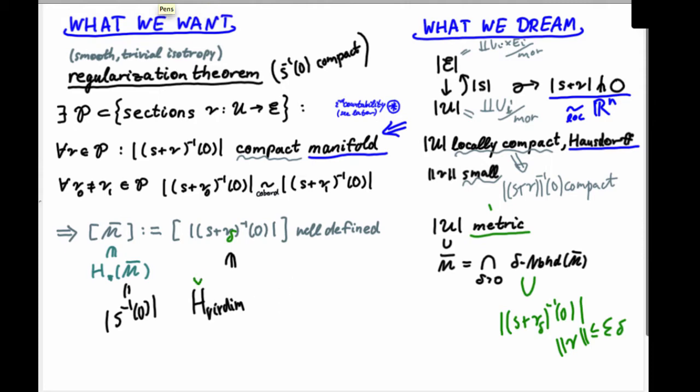So this is the black box that I talked about at the very beginning. Čech homology is the thing that works nicely together with limits in these metric spaces. So this is now a cycle that sits in this delta neighborhood, so it sits in the Čech homology of this delta neighborhood.